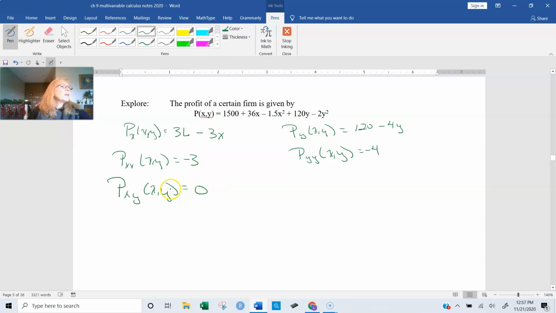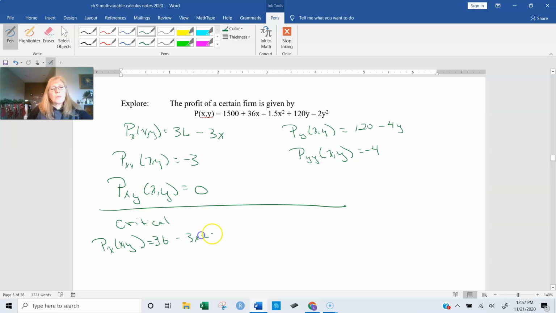So now when we look at this, we have to solve these. Well, this one here is easy to solve, so we have to find our critical points, right? That's just our work. So critical, we're going to do p of x, 36 minus 3x set equal to 0.